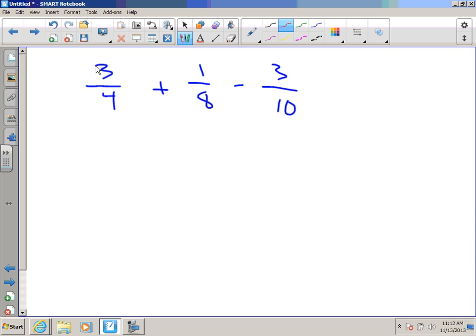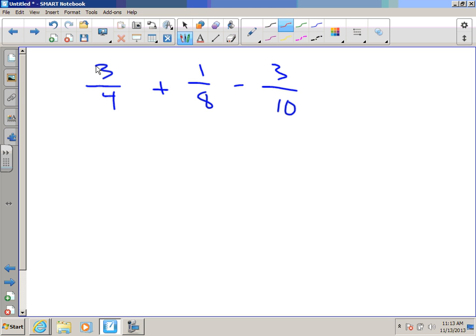So we can try to get them all to have common denominators right now and do that first. When I look at a 4, an 8, and a 10, which one is my biggest denominator? 10. So let's start thinking of our multiples of 10 and see what will also work for 8 and 4.